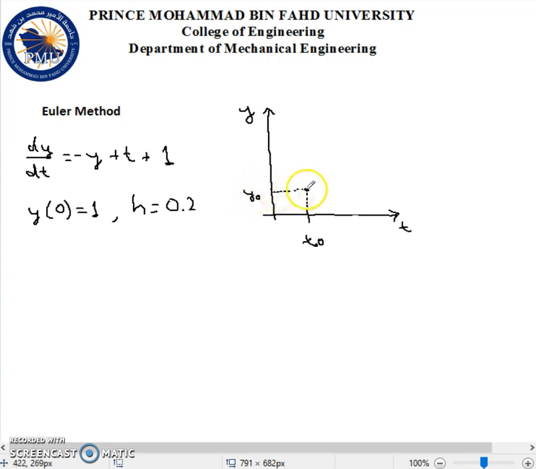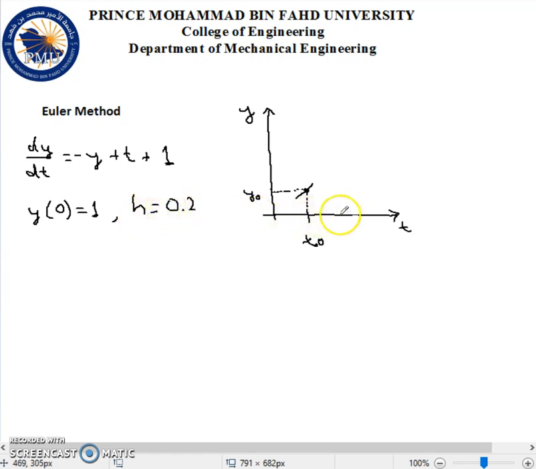So these are initial points. To apply the Euler method, we will need the slope at this point, at point 0, and the step, which is 0.2.